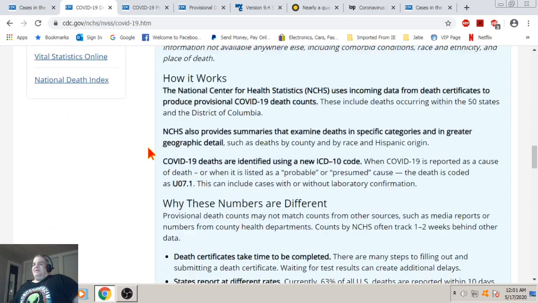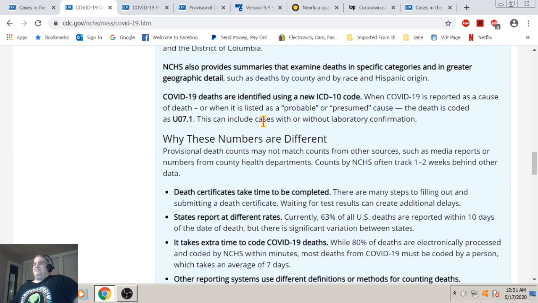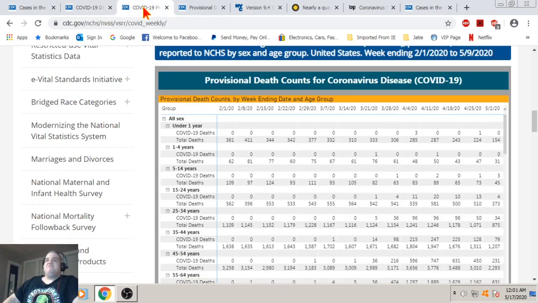Oxymoron. Seriously, if somebody can explain this one to me, I would really like to know how that works. You would need a laboratory confirmation to say somebody died of cancer. You would need a laboratory confirmation if somebody died of an allergy to a certain food. Why wouldn't they do that for this? It's beyond me. It doesn't make sense.